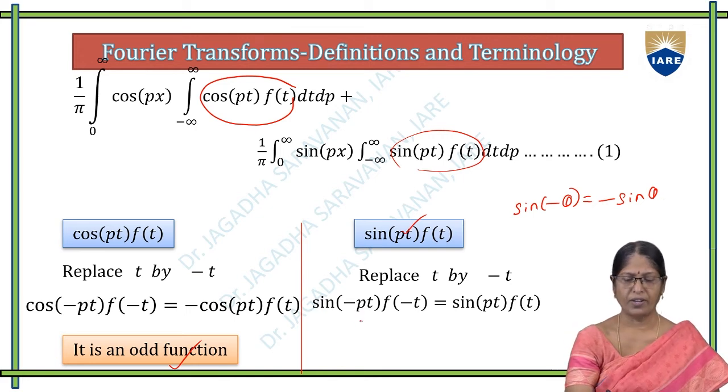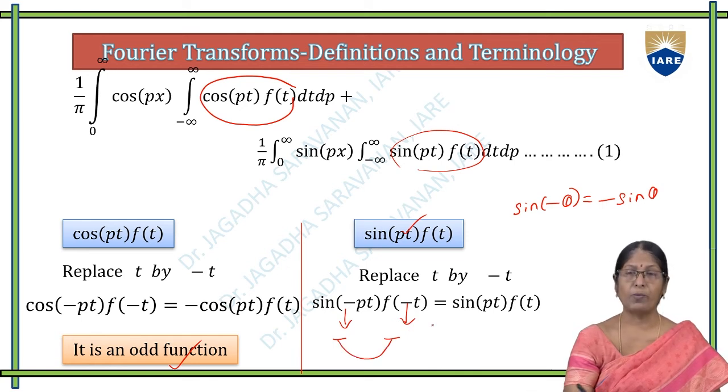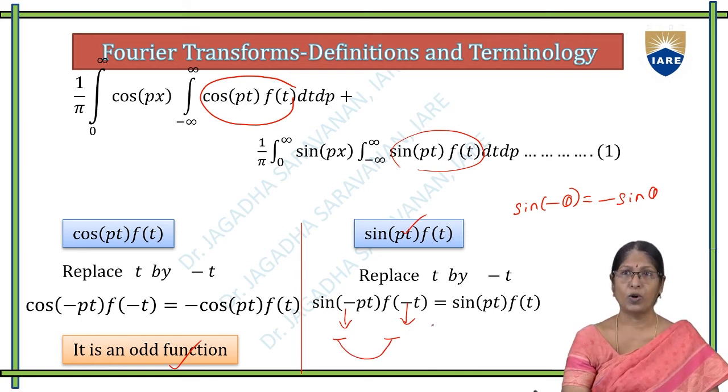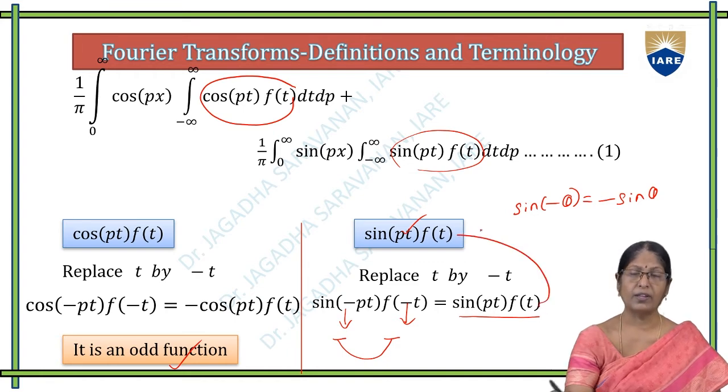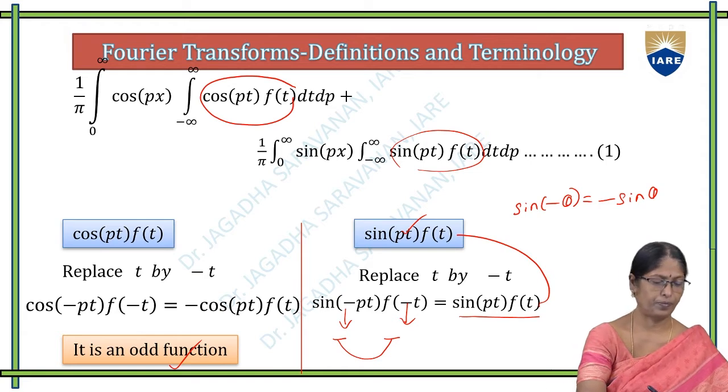So we have written here, this has the negative sign. Again, f of minus t has the negative sign. So minus and minus put together give positive. That is what is written: sine of pt into f of t is nothing but our same given function.